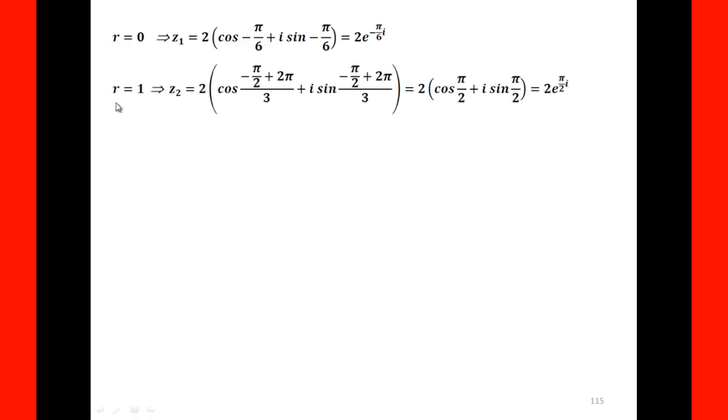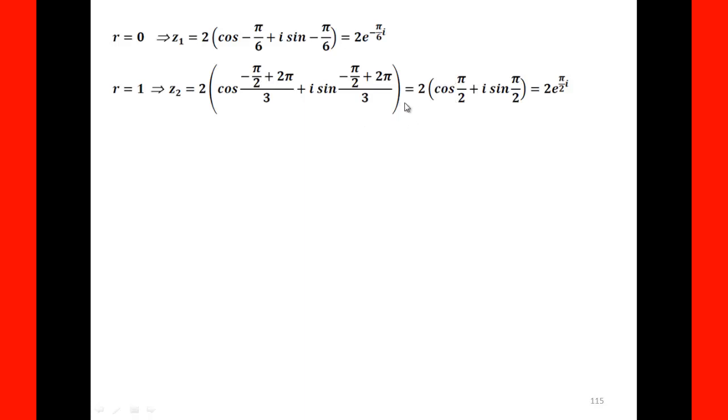When r equals 0, z1 equals 2 (cosine negative pi over 6 plus i sine negative pi over 6). In the exponential form, z1 will be 2e to the power negative pi over 6 i. This is the exponential form of the first root. When r equals 1, z2 equals 2 multiplied by cosine of (negative pi over 2 plus 2 pi) over 3. So the angle will be pi over 2.